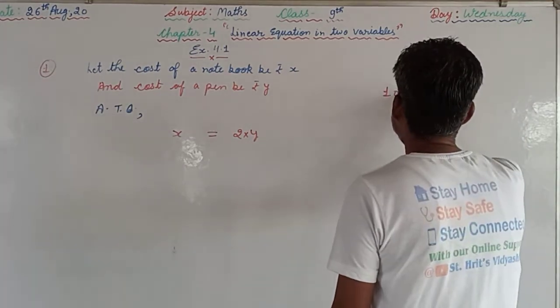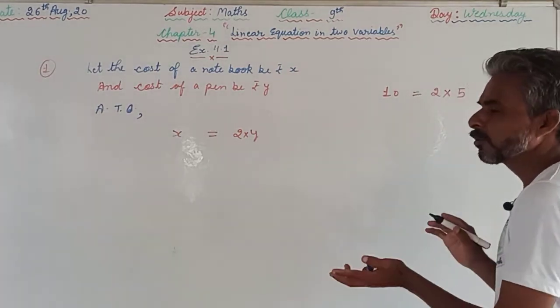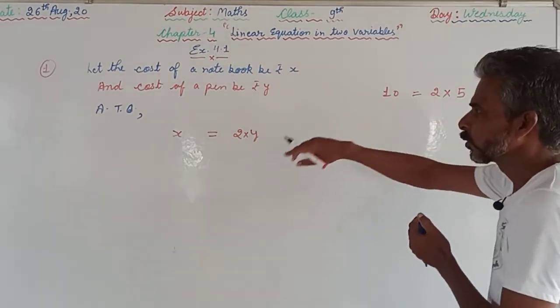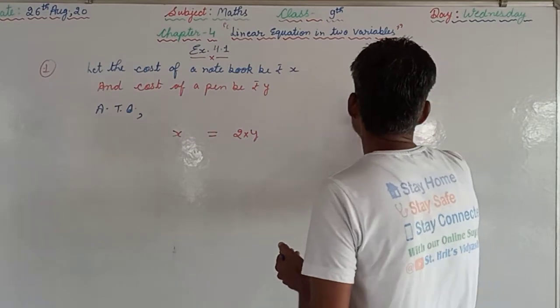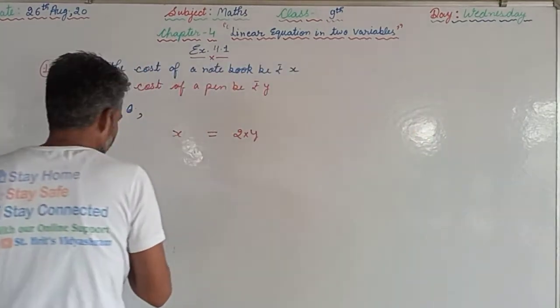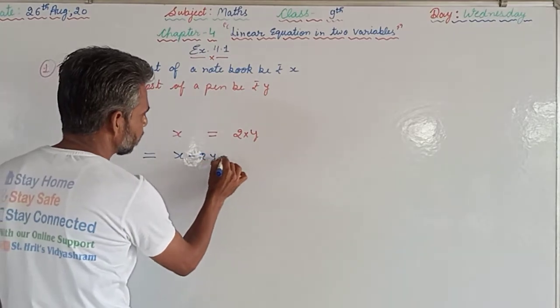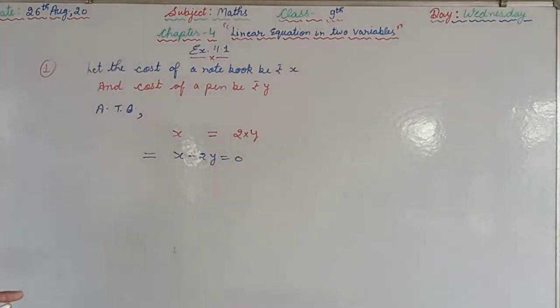So if we want to equate, then we are supposed to multiply the smaller quantity by the information given in the question. Here it is twice, so we multiply y by 2. So now the equation will become x minus 2y is equal to 0. This is the required equation for the statement given in question number 1.